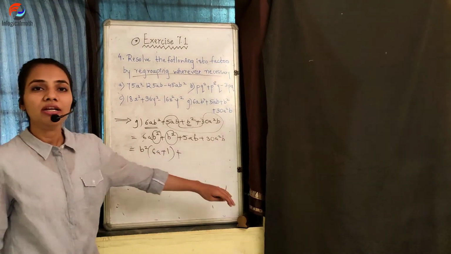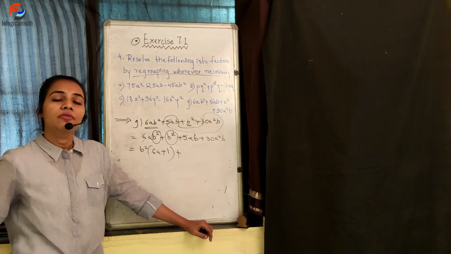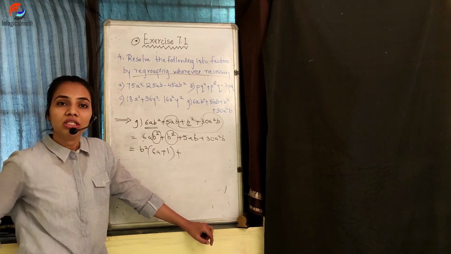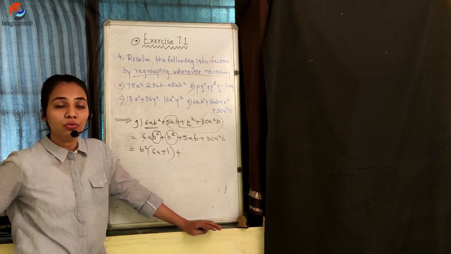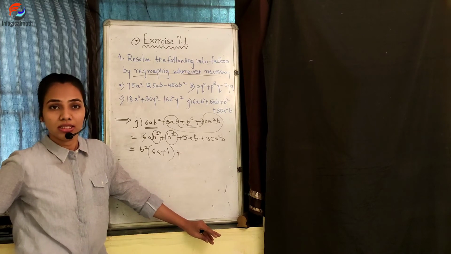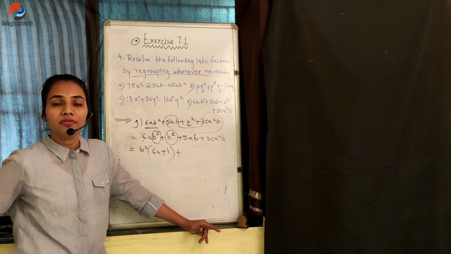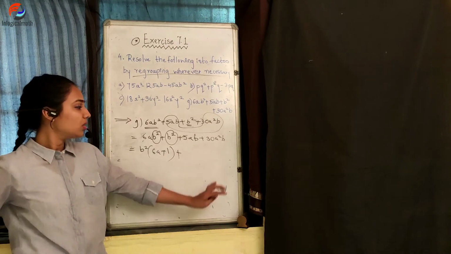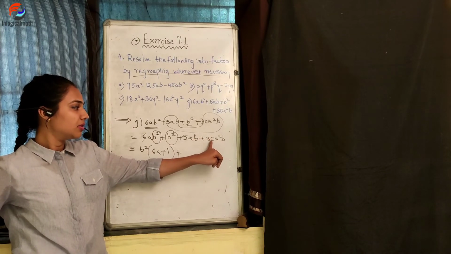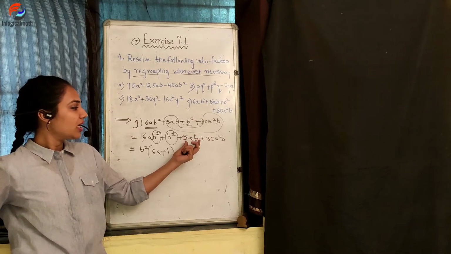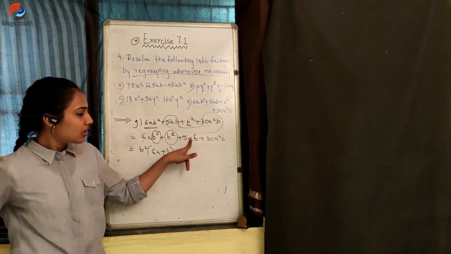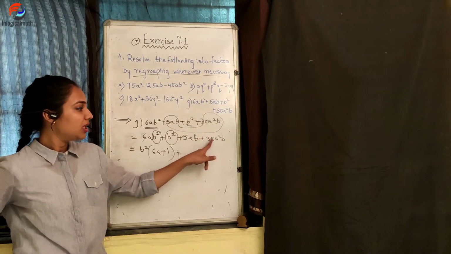So we know that 5 times 6 is 30. So we know that 30 is divisible by 5. So take 5 common.